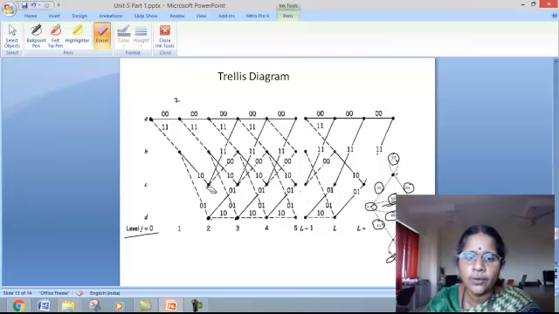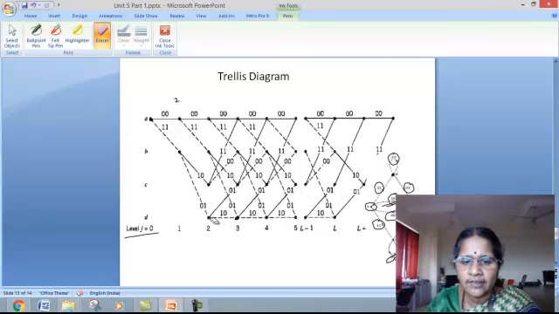Similarly, from state C, if the input is 0, go to state A always, producing an output of 1, 1. From state C, if the input is 1, go to state B, producing an output of 0, 0 always. From state D, if the input is 0, go to state C always, producing an output of 0, 1.